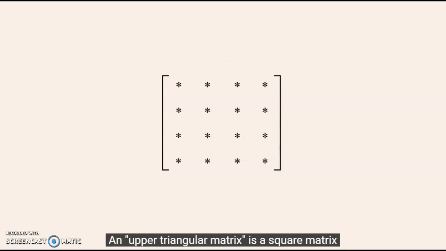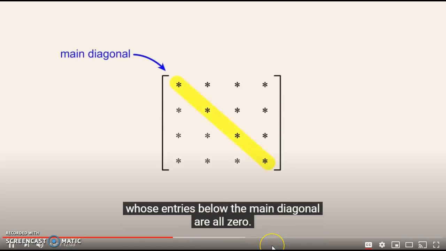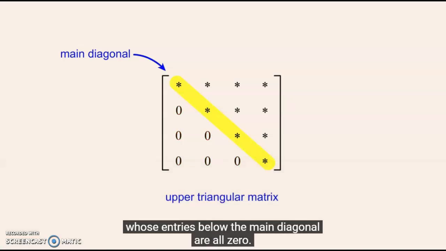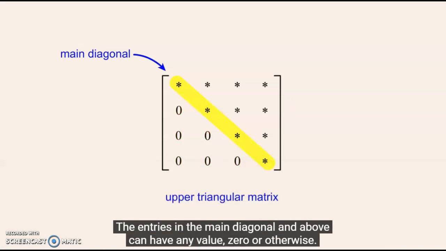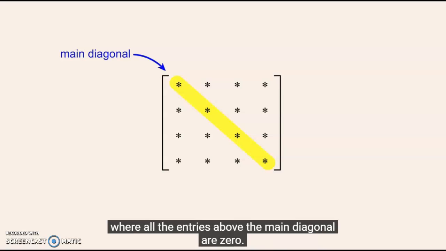An upper triangular matrix is a square matrix whose entries below the main diagonal are all 0. The entries in the main diagonal and above can have any value, 0 or otherwise. Likewise, a lower triangular matrix is a square matrix where all the entries above the main diagonal are 0.